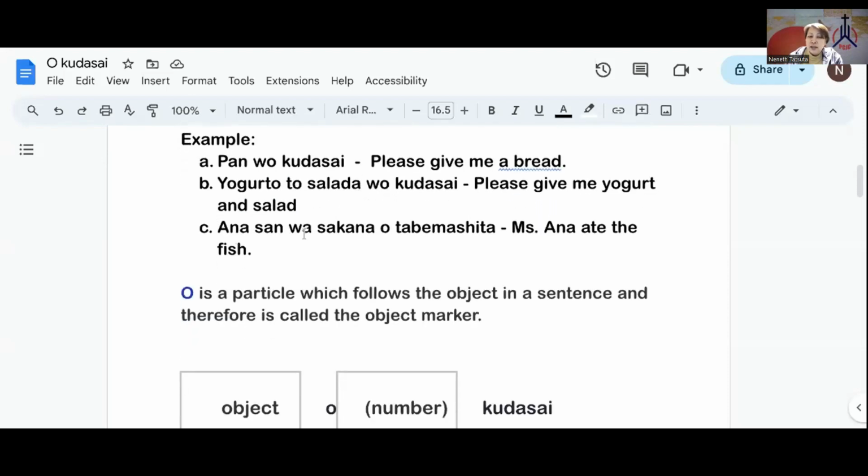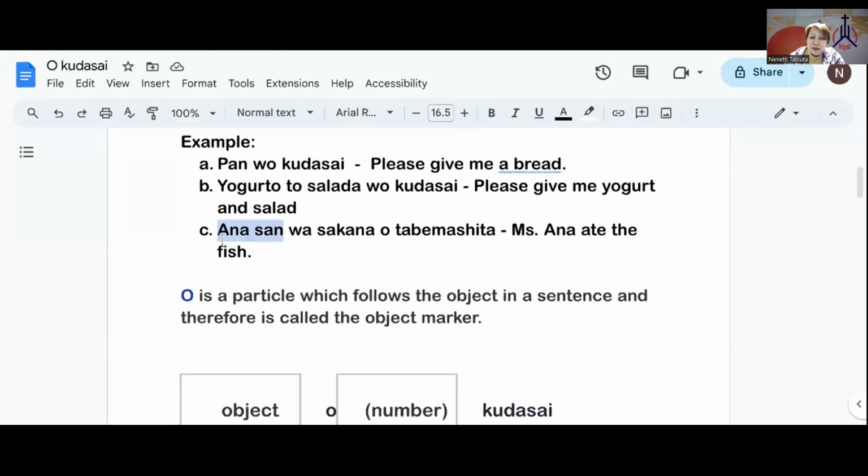Or for example, Anna-san wa sakana o tabemashita. We have Miss Anna as our subject. Why is it a topic? Anna-san is our topic. How did I know Anna-san is our topic? Because of wa. Do you remember your particle wa?